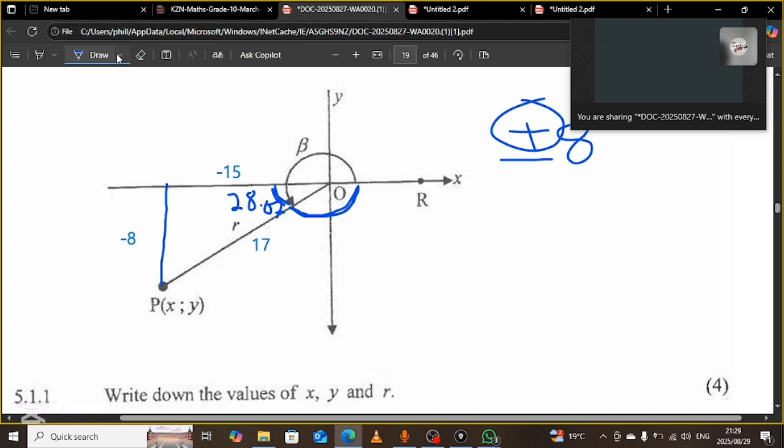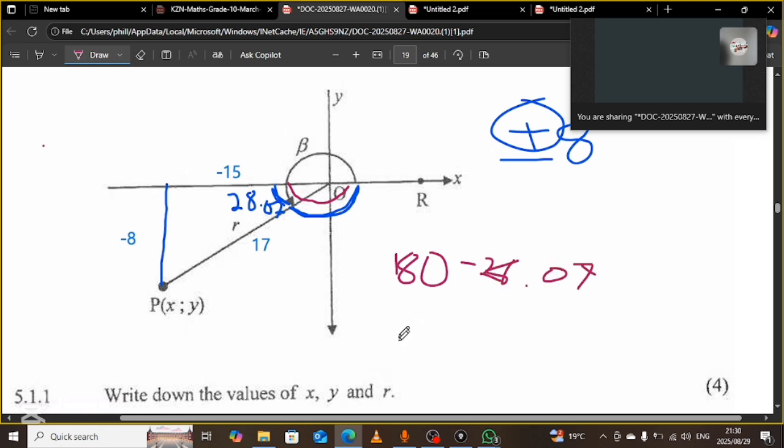No, I forgot the basics. I can see that you also forgot the basics. Sum of angles on a straight line equals 180. So you're going to say 180 minus 28.07.